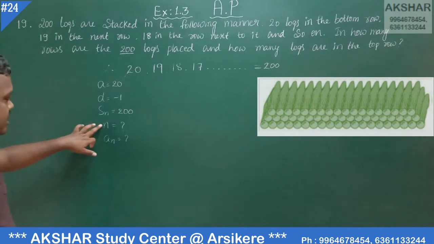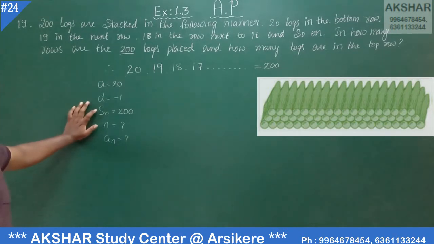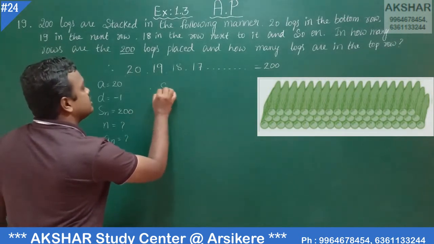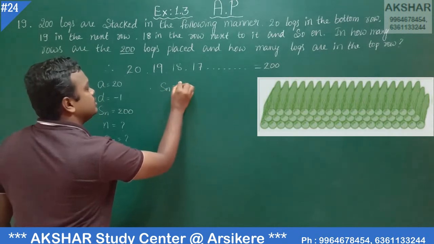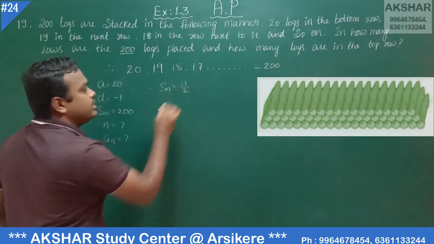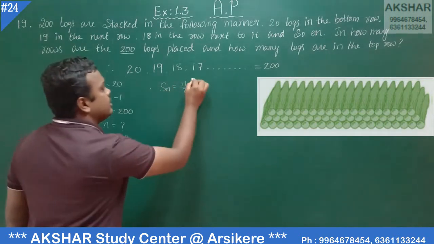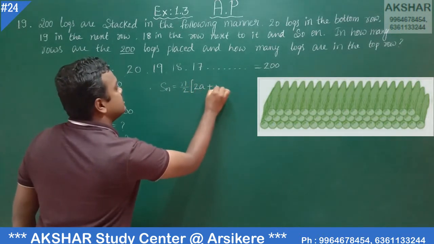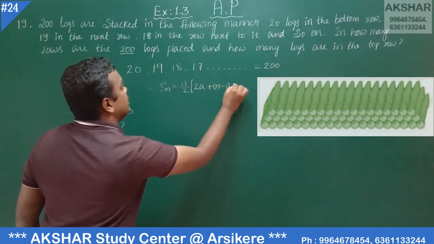Okay, so to find the n value, here Sn is given. So now I am going to use the Sn formula. Therefore Sn is equal to n divided by 2 into 2a plus n minus 1 into d.